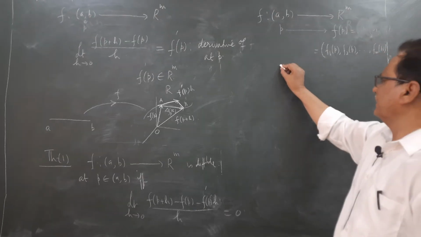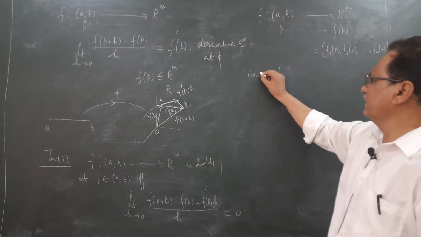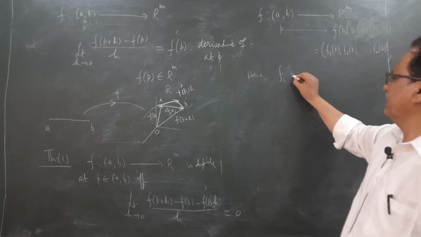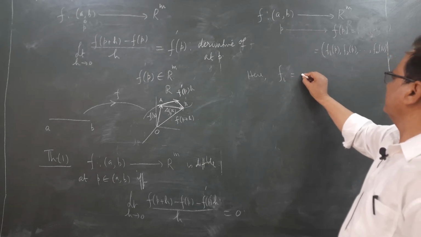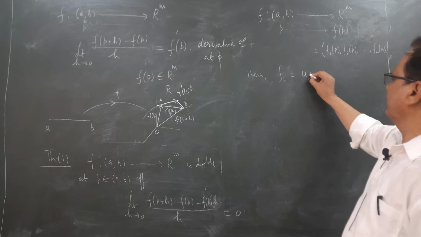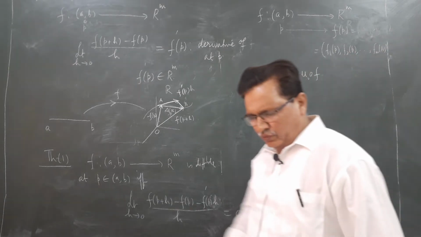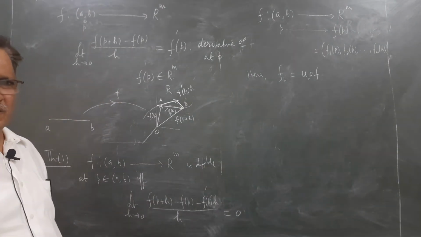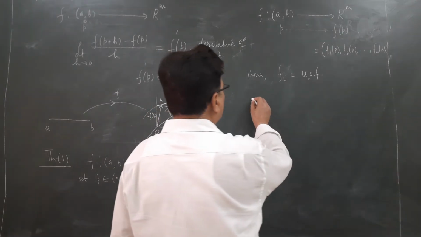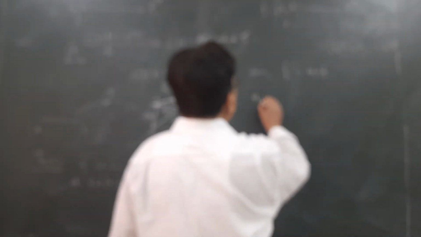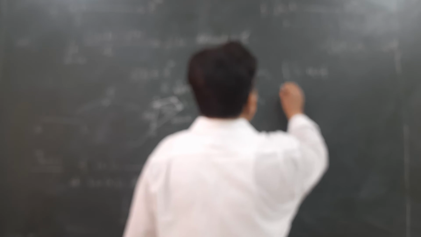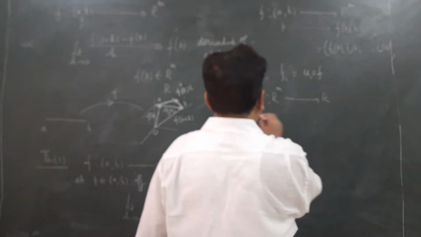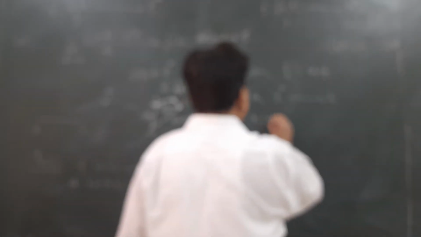One can realize here each fi is in fact ui composed with f, where ui is a coordinate function on Rm. So how do these coordinate functions work? The coordinate function ui from Rm to R is a map which maps an m-tuple of real numbers to its ith component.